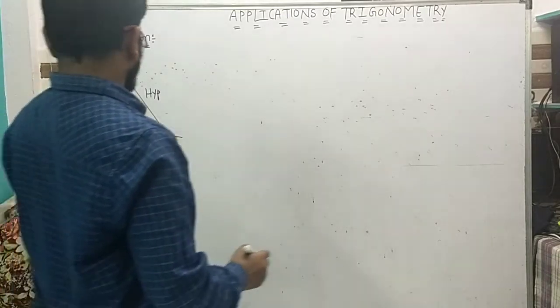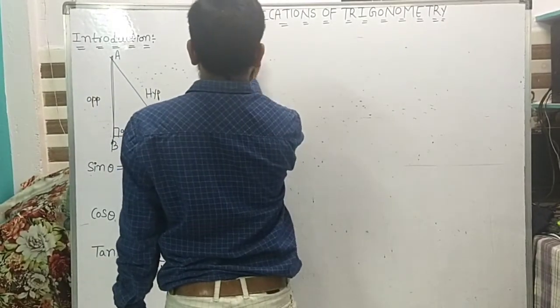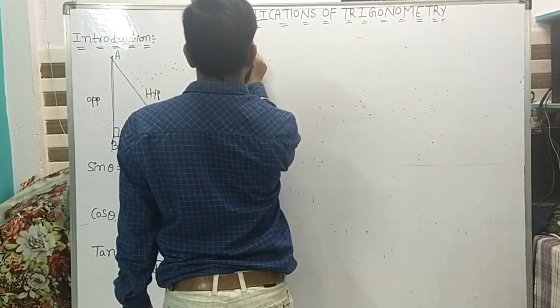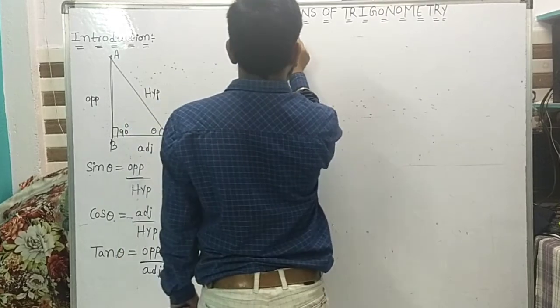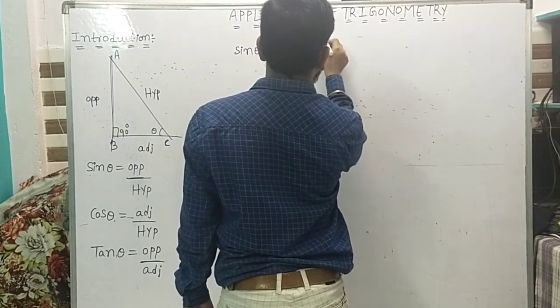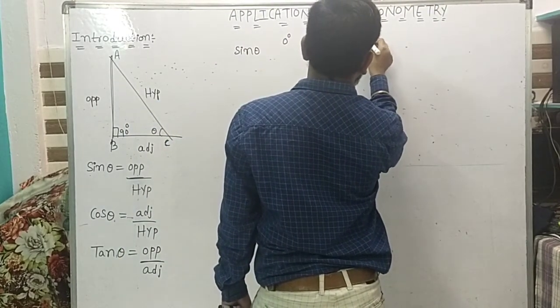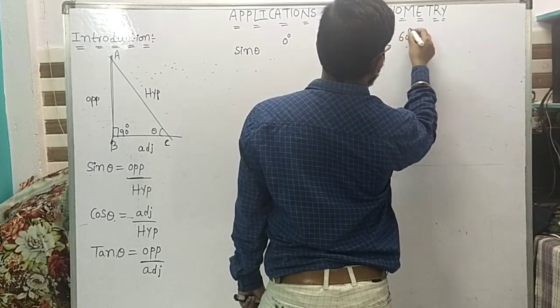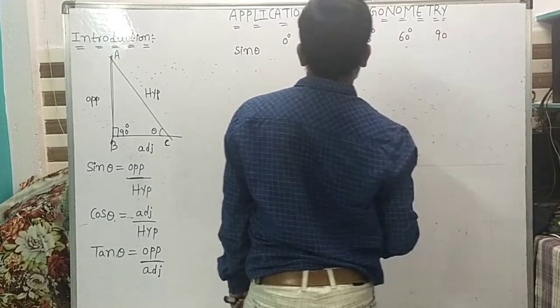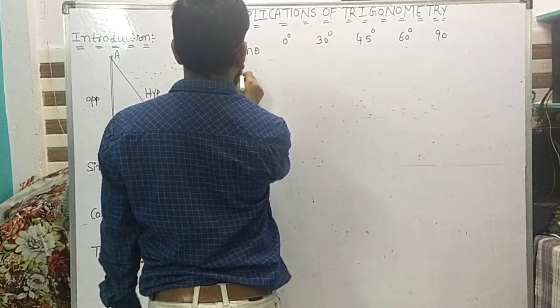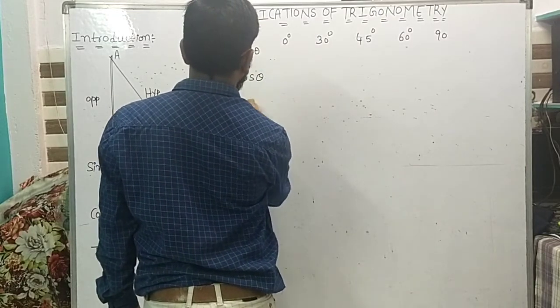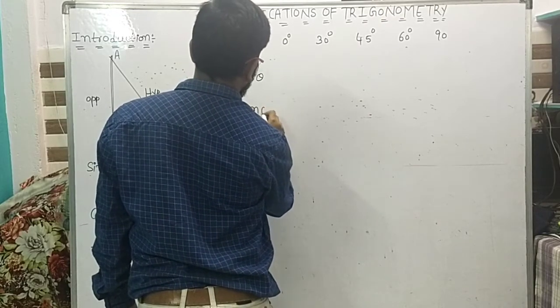Next, the values. Sin values for theta at 0 degrees, 30 degrees, 45 degrees, 60 degrees, 90 degrees. So sin theta, cos theta, tan theta values.